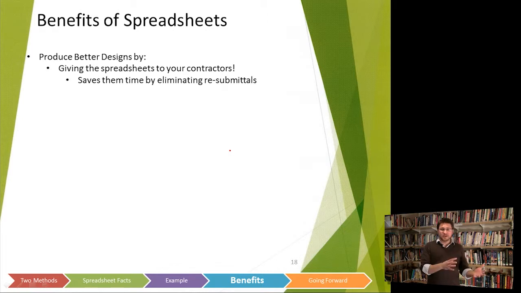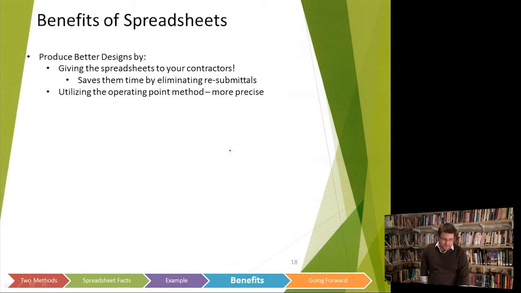If you want to see what we see before we see it, you can use this spreadsheet and see if it meets code compliance. And that'll save time by eliminating resubmittals. It produces better designs because it utilizes the operating point method, which is a more precise method.